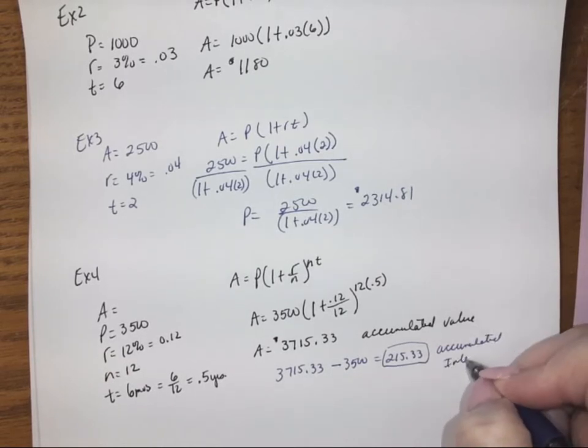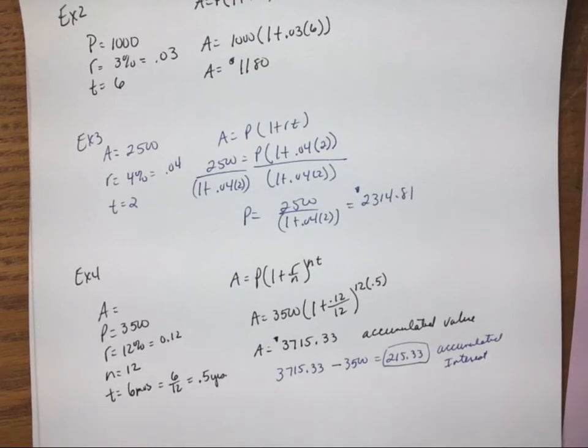So that's how much you're going to pay in interest over that 6-month period. So always pay attention to what they're looking for. Are they looking for an accumulated value? Are we looking for the accumulated interest, or are we going to find the principal?